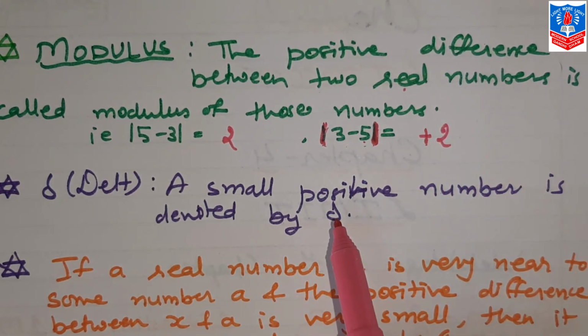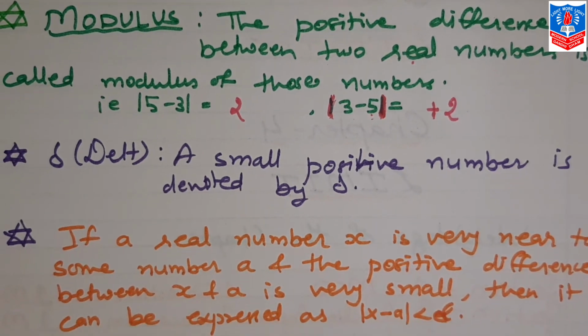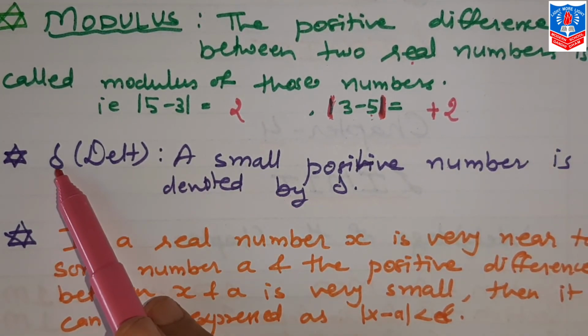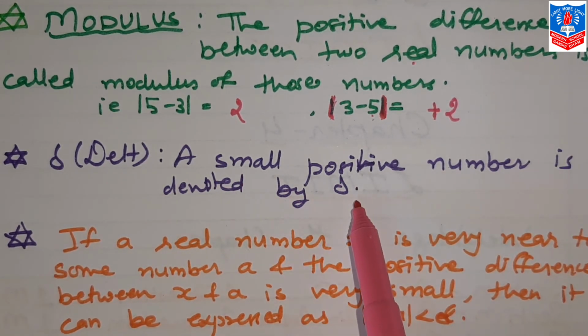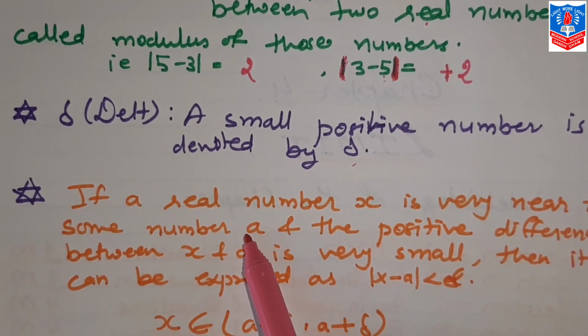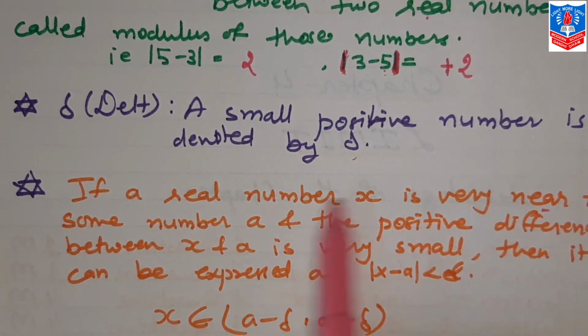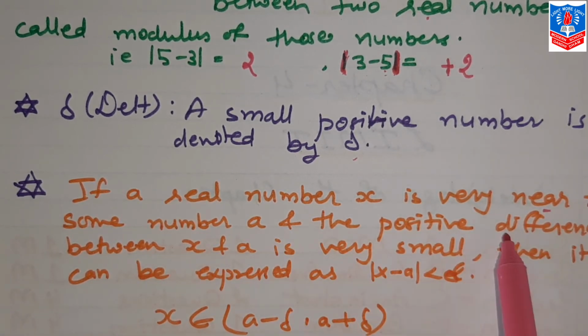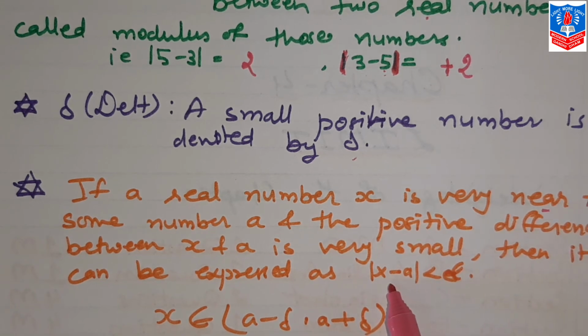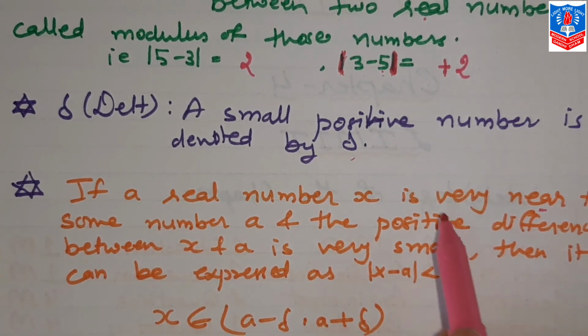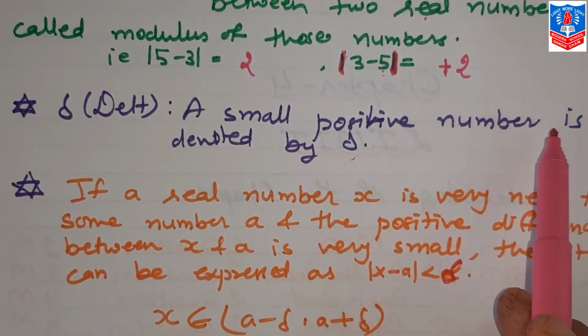Next definition, which is very helpful, that is delta. The sign of that is this. A small positive number is denoted by delta, this way. If a real number x is very near to some number a, and the positive difference between x and a is very small, then it can be expressed as modulus of x minus a less than delta. As we just discussed, delta means a small positive number.